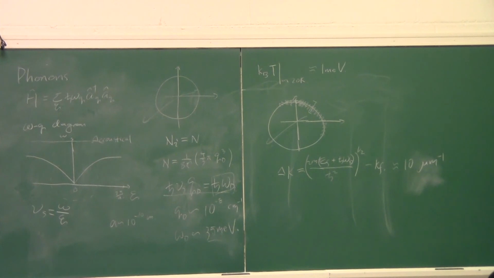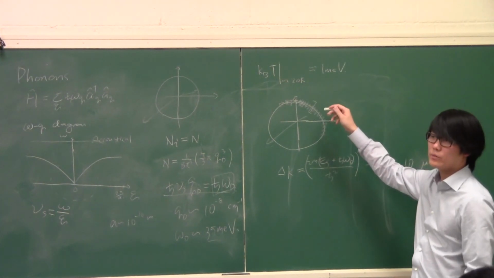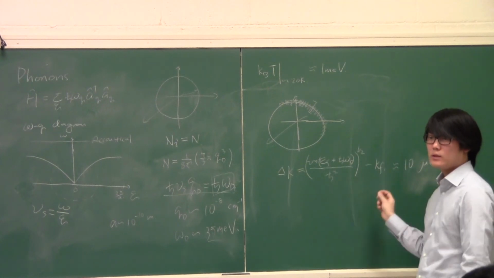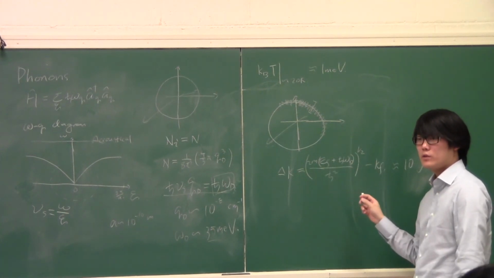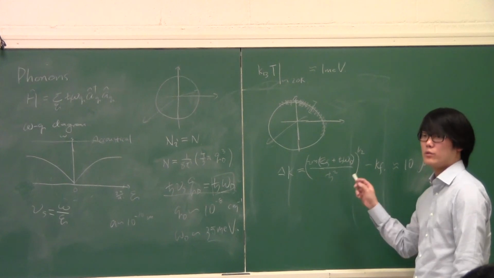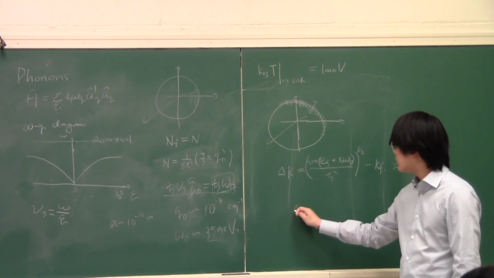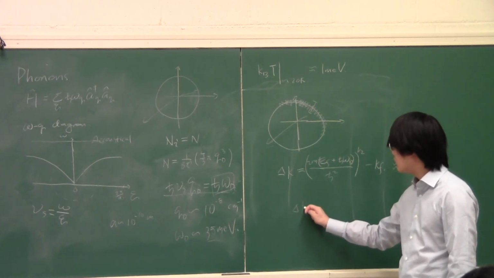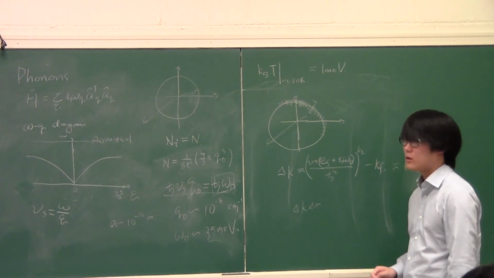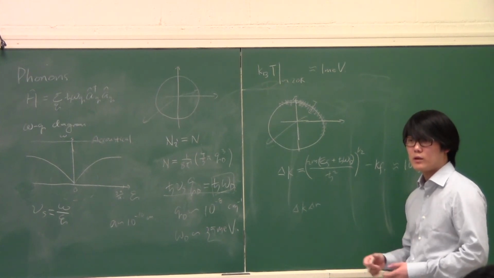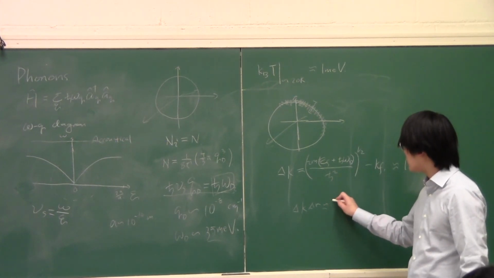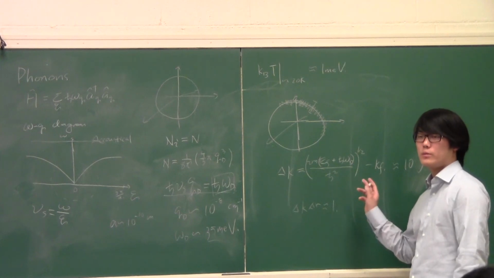Now, why do we consider this delta K here? Because what's going to happen is if I were to sum over these active electrons and make a wave packet, this delta K is going to give me roughly the spread in momentum states or wave number states. Right? And from the uncertainty principle, or just from Fourier transform, we know roughly that delta K and delta R, which is the spatial spread of the wave packet, is on the order of 1, or h bar divided by h bar, right?